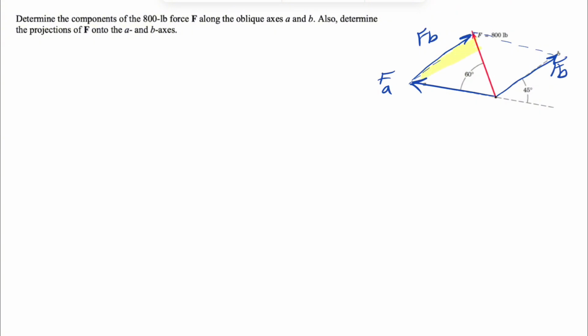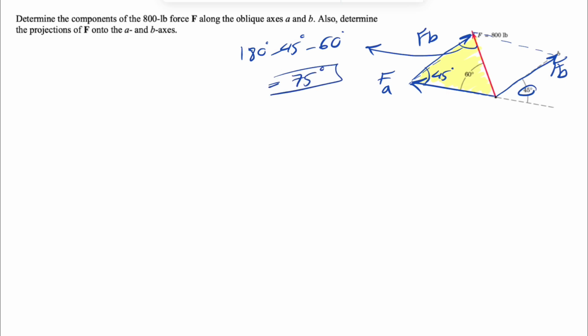And if you look at this triangle that I'm highlighting in yellow, we know this angle is what we have in here, 45 degrees. So if we want to find this angle, we're going to have 180 minus 45 minus 60 degrees. Since we have a triangle, the sum of all angles in a triangle has to be 180, so this is going to be 75 degrees.